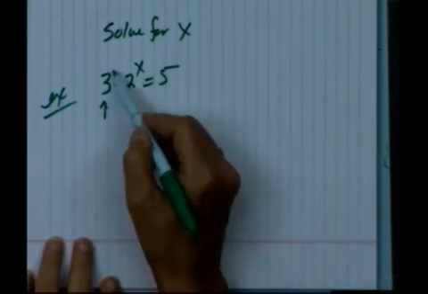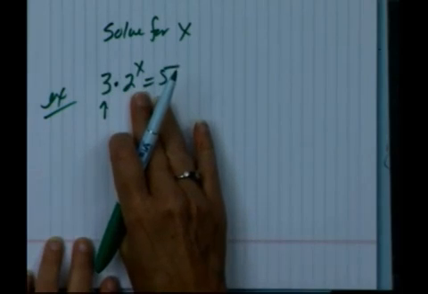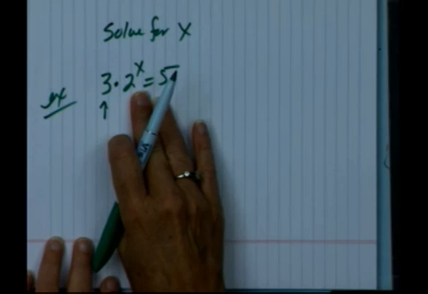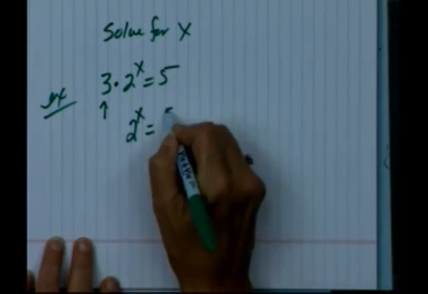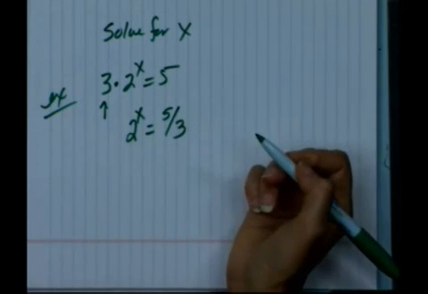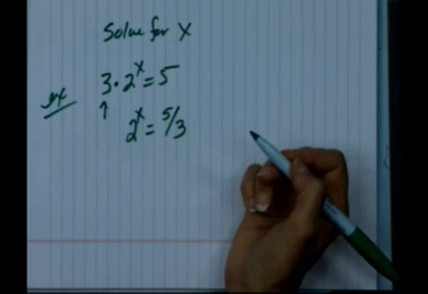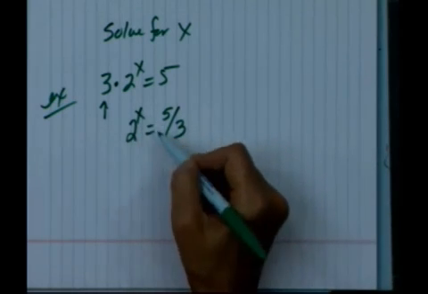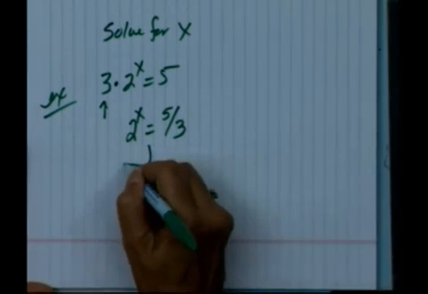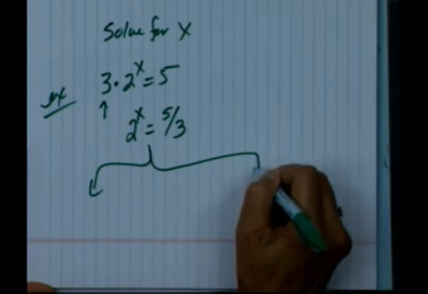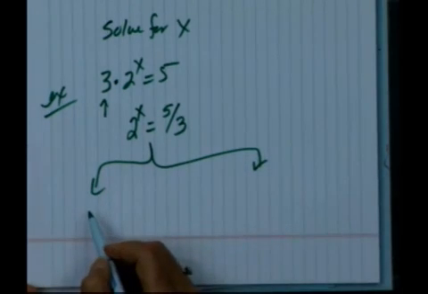I need a coefficient of 1 in front of my exponential form. So I need to get 2 to the x on a side by itself. So we divided both sides by 3. Now I have 2 to the x equals 5/3. And my choices would be to solve. What's one choice?